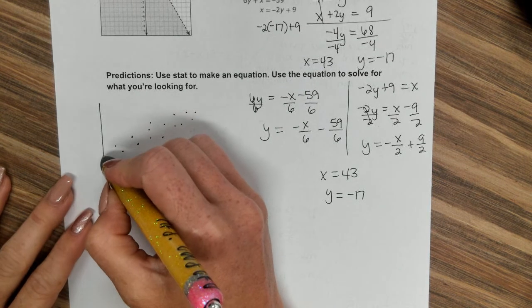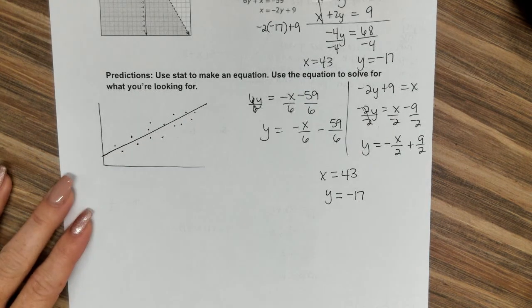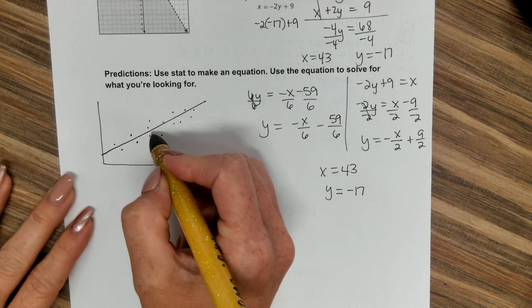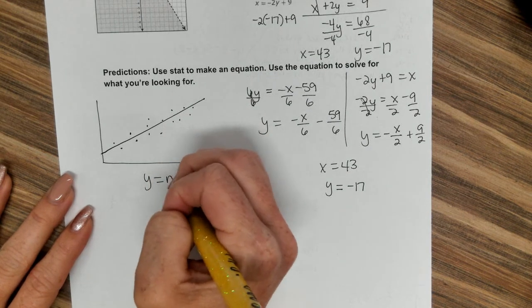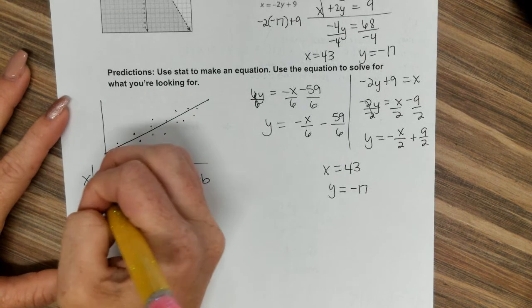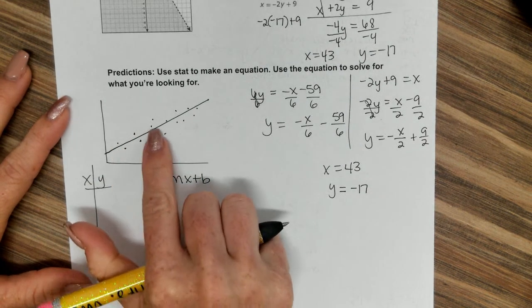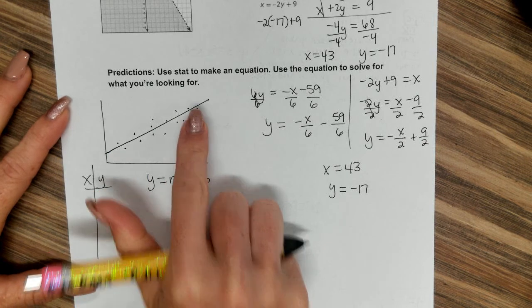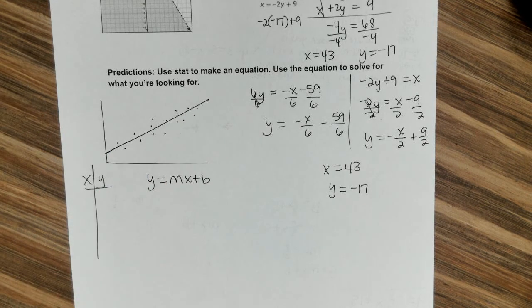So the trend line would look something like this, yes? And that equation can be written in y equals mx plus b form. So you would have to make a table and list all of those coordinates and then stick it in stat and make an equation. You can then use the equation to make a prediction.